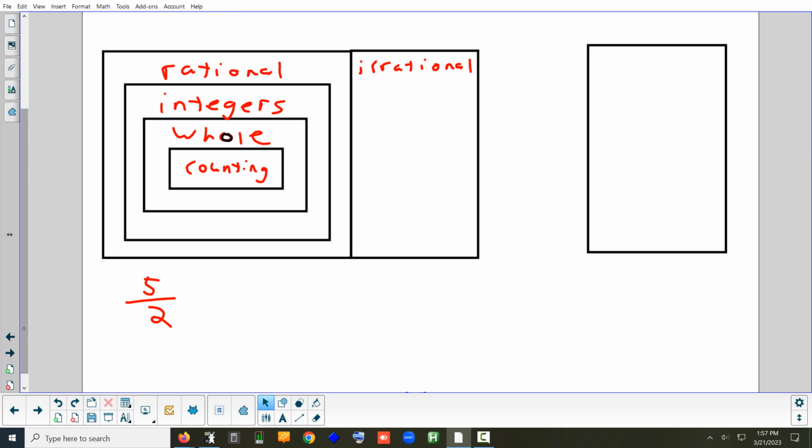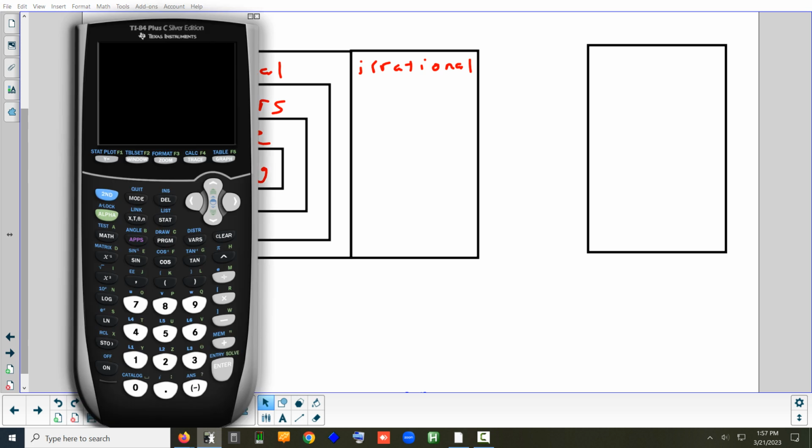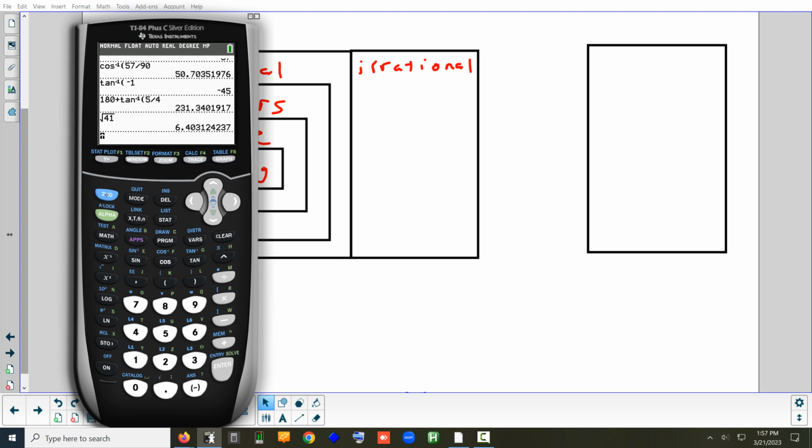One example is a square root. If you take the square root of 5, that doesn't come out to a nice answer, and you cannot write that answer as a fraction. It's impossible. In fact, you can prove that it's impossible to write as a fraction.